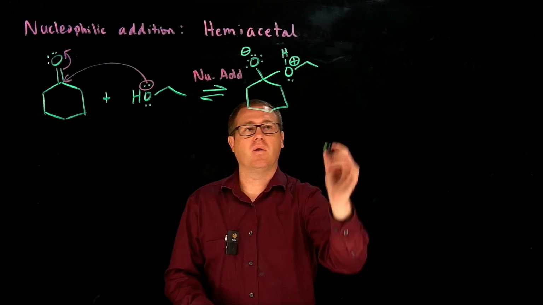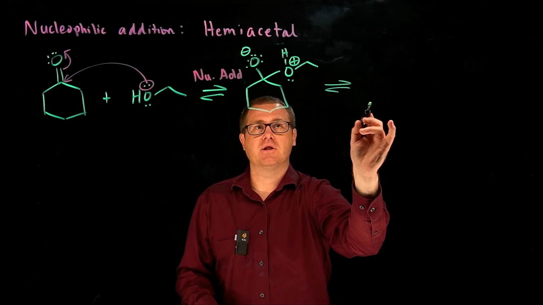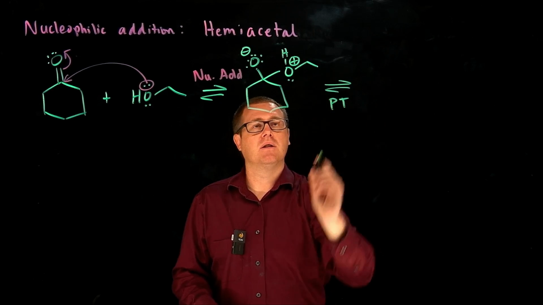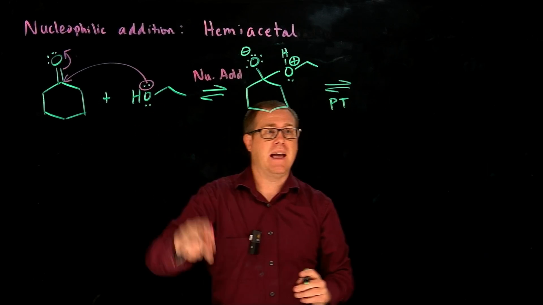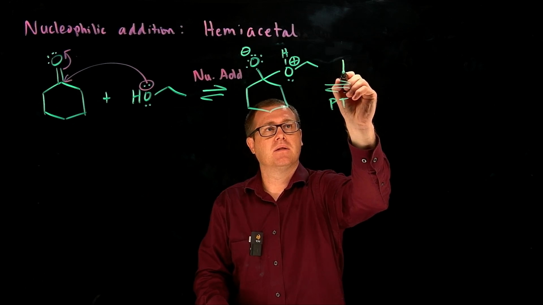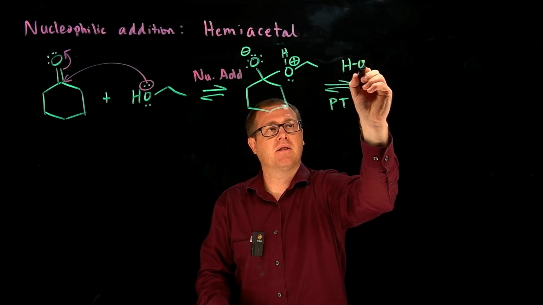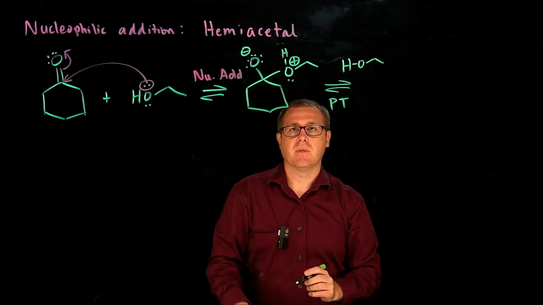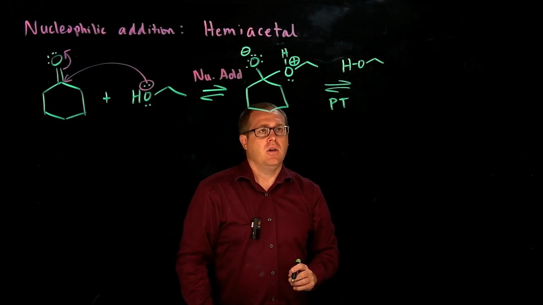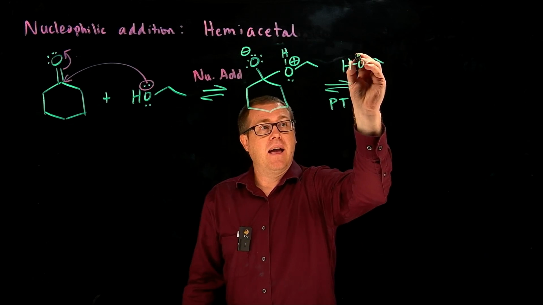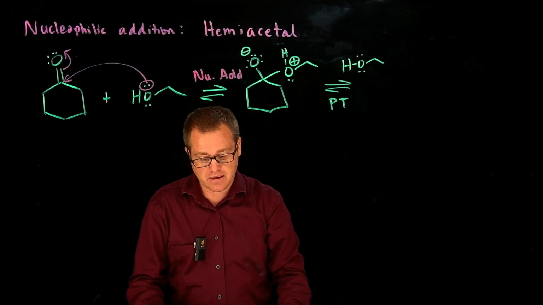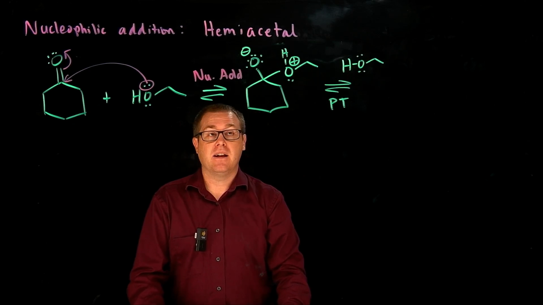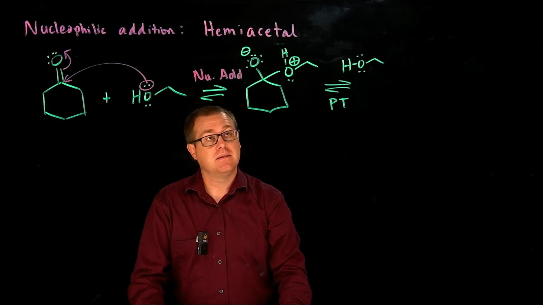And then we are going to have a proton transfer. And we're going to have a lot of ethanol because the ethanol is also the solvent. So we're going to have some ethanol here. And ethanol can behave as a base, and it can also behave as an acid.